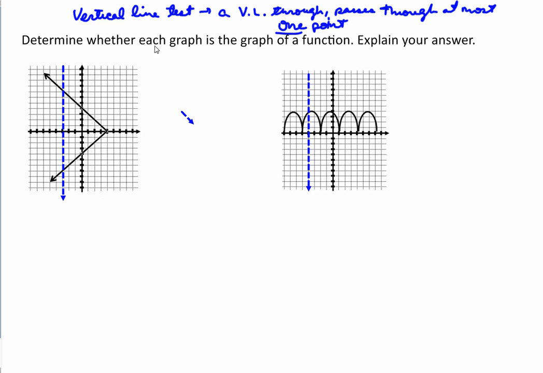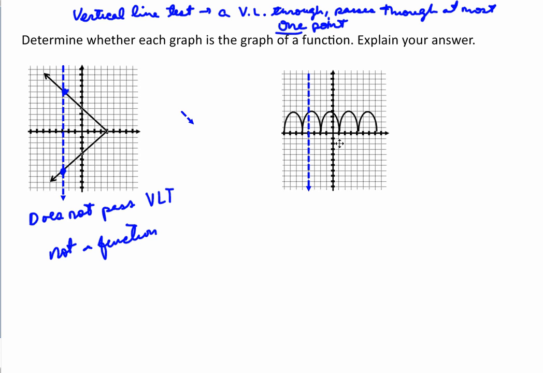Well, if that is the case, then we say in this case, it does not pass the vertical line test. And since it does not pass the vertical line test, it passed through the graph in two places, not at most one, we're going to say that it is not a function.